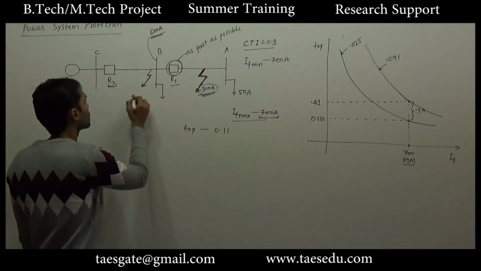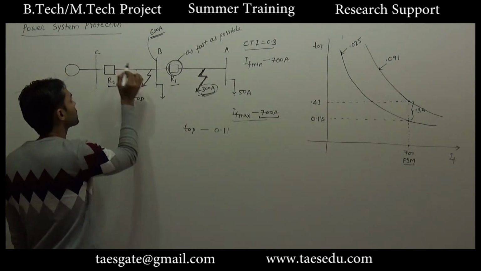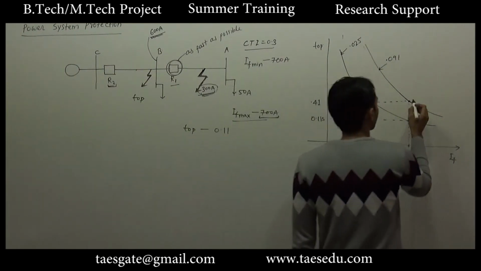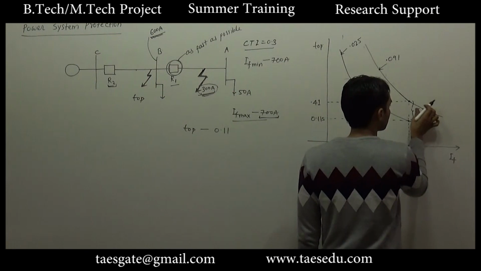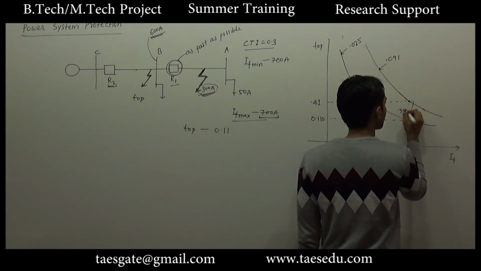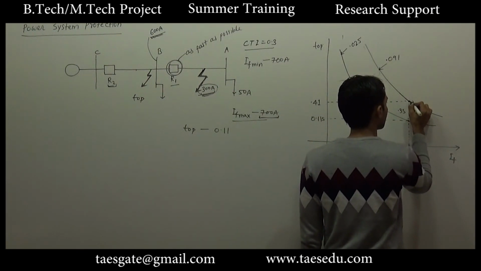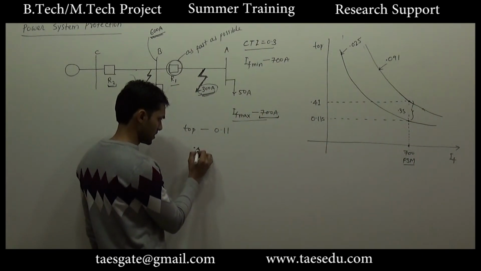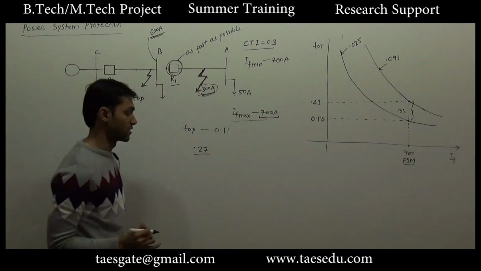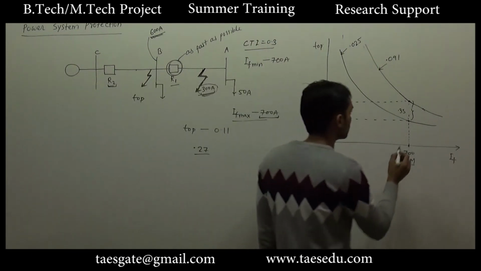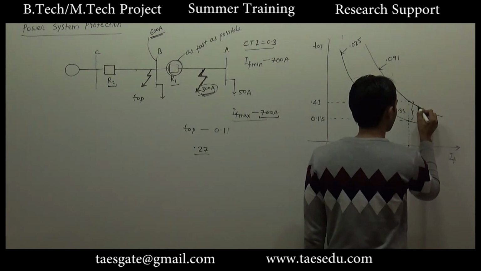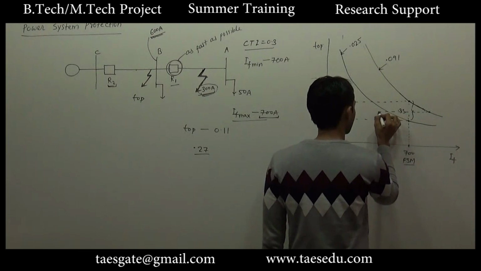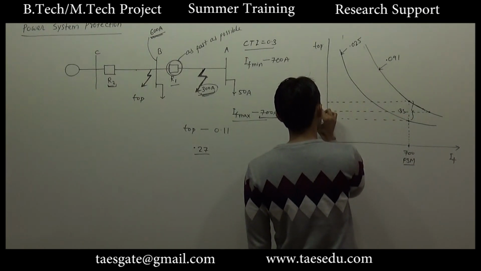Now for the calculation of operating time for primary protection at fault B, the value of TMS was the same, so we have to be on this curve only, and the time of operation, as I remember, was 0.2 second. So on this curve only we will move here such that the time of operation is 0.2 second.